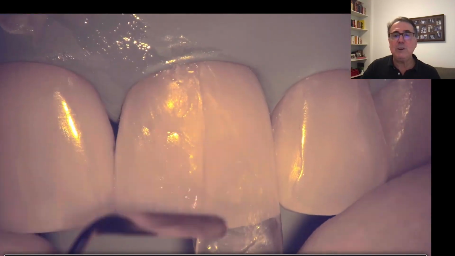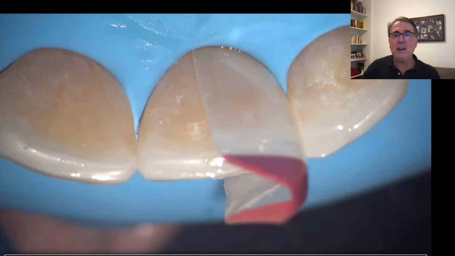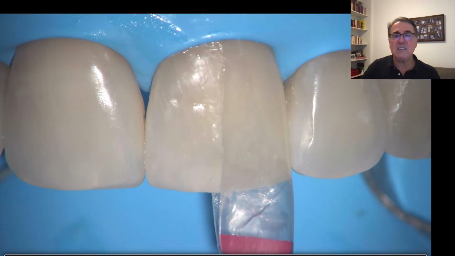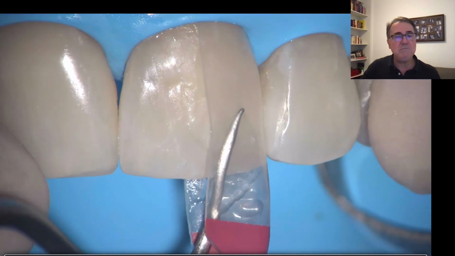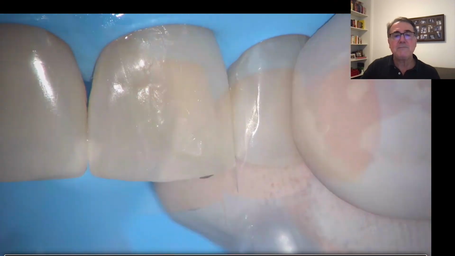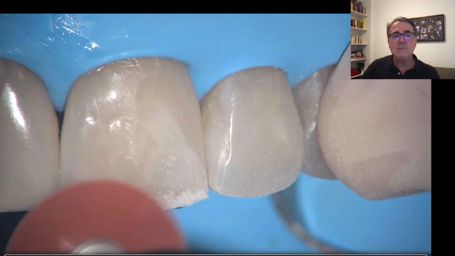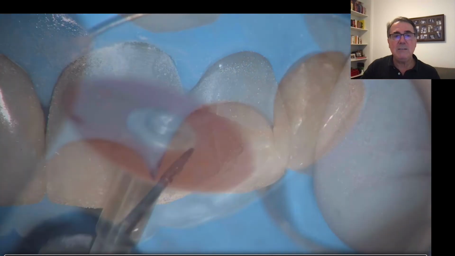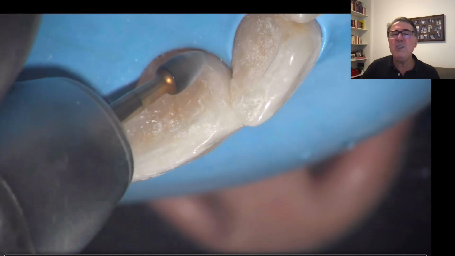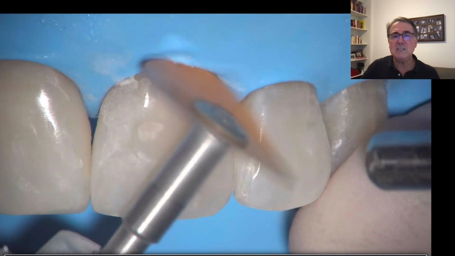Remove the excess a little bit, and polymerize. There is some excess in the palatal area, no problem about that. Remove the matrix, and then remove the excesses. Very easy.